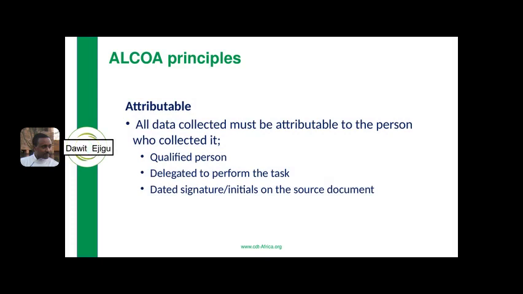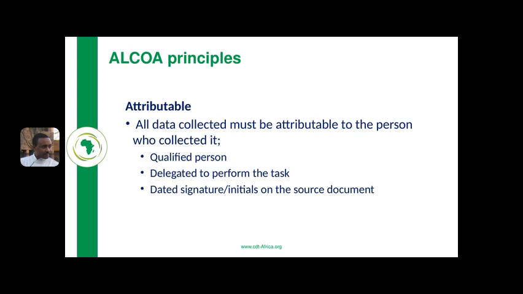The first aspect of the ALCOA principle to be discussed is attributability. What this means is that the data collected must be attributable to the person who has actually collected it. And this person has to be qualified by education, training, and also experience. So we are going to infer this from the CV of the staff.